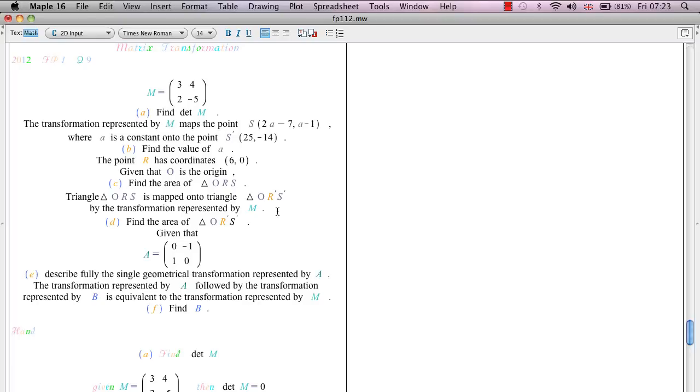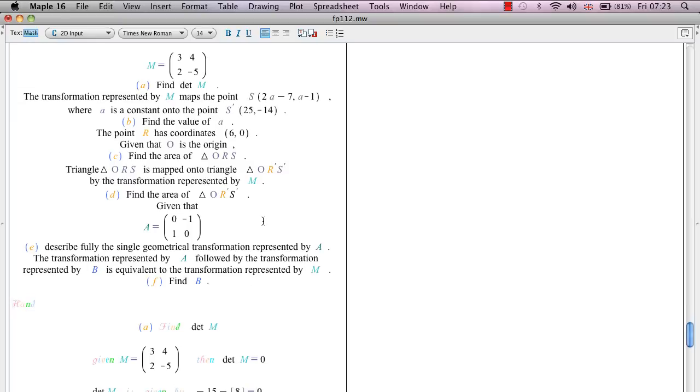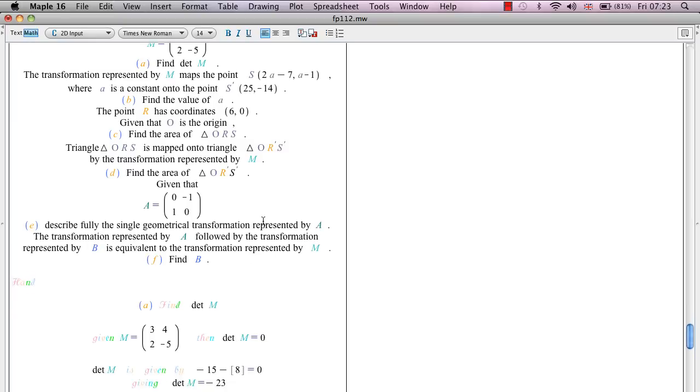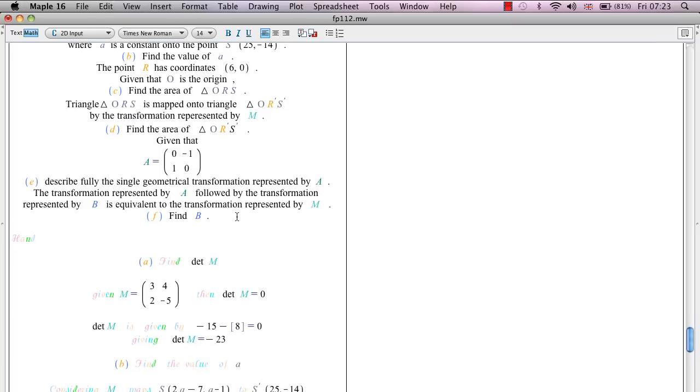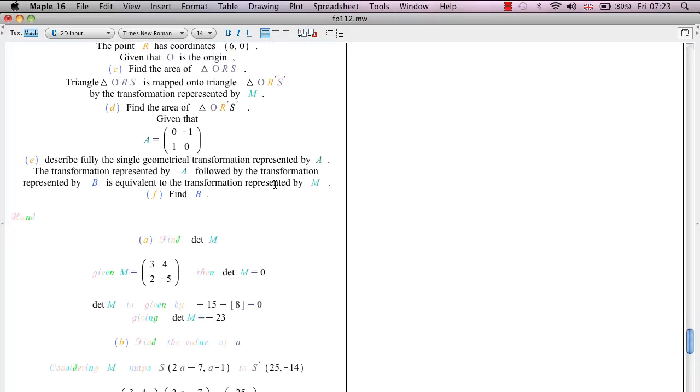And then ORS is mapped onto OR dash S dash by M to find the area of this triangle. And then given the matrix A to describe the transformation represented by A, and B followed by A is equivalent to the transformation M to find B.